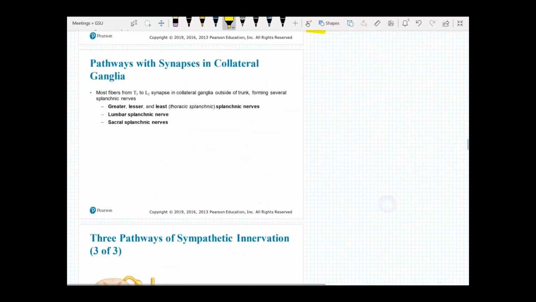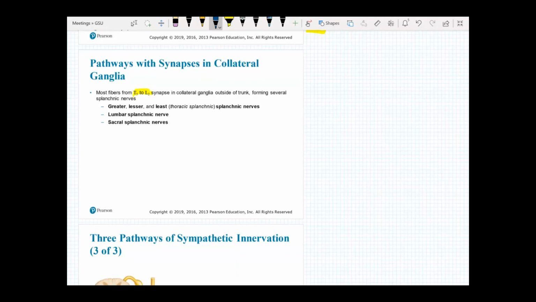So these pathways will synapse in what is called collateral ganglia. Again, we're not going to spend a lot of time focusing on these collateral ganglia, but this sympathetic nervous system from T5 to L2 will synapse in something called collateral ganglia outside of the trunk, and it'll form a bunch of nerves.